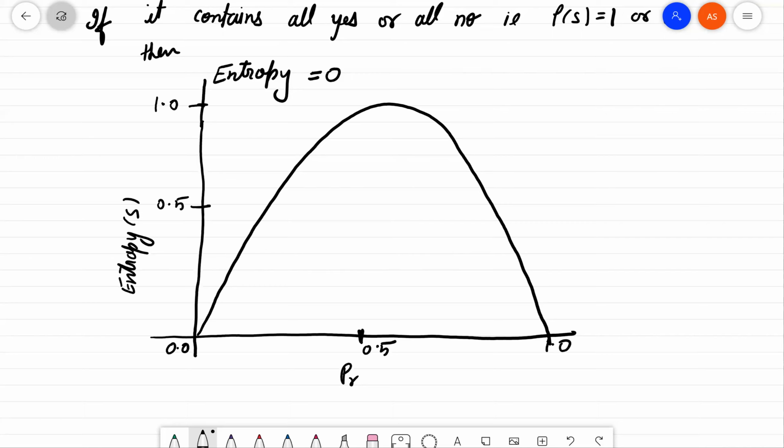So when the probability is 0.5, then entropy is 1. And when the probability is 1.0, then the entropy is 0.